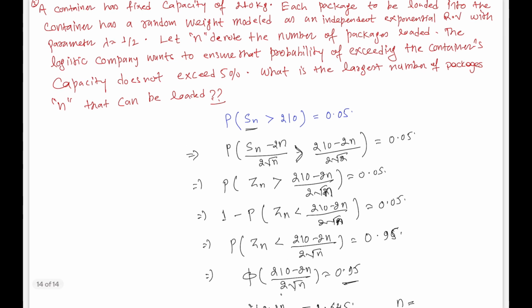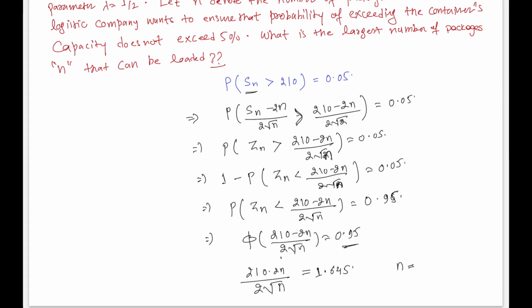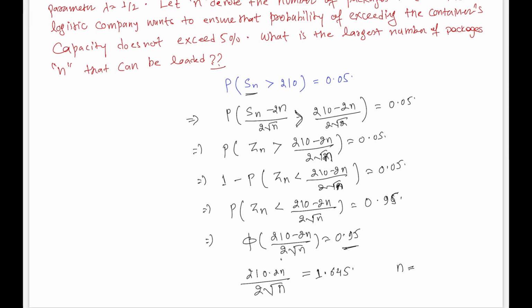but the number of packages should be an integer, so it will come to around 89 or 90. You can choose 89 if you are conservative: you try to put in fewer packages, so rather than putting 90 packages you put 89, so that we do not exceed this probability.